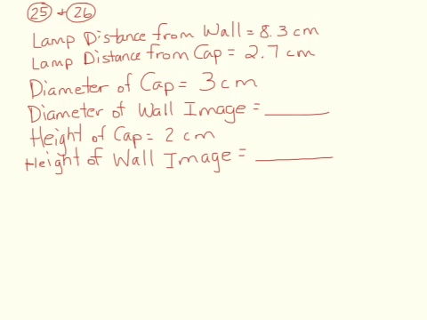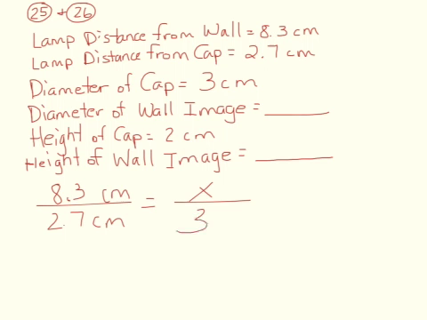So I can just set up my proportion using the distances. So 8.3 centimeters compares to 2.7 centimeters. And then I want to use the wall image would go on the top here and 3 centimeters on the bottom, since this is the wall over here and this is the cap down here. Make sure you get your proportions set up right.